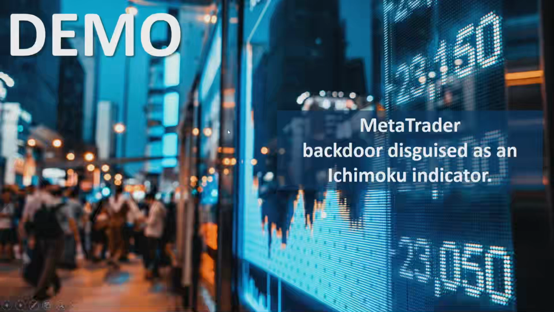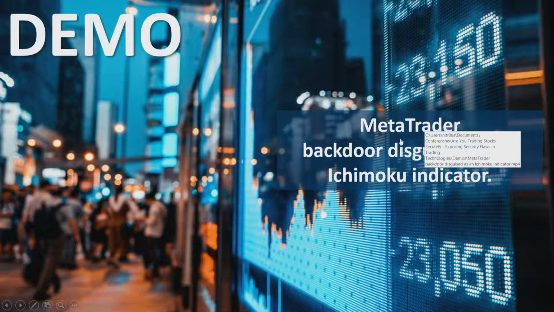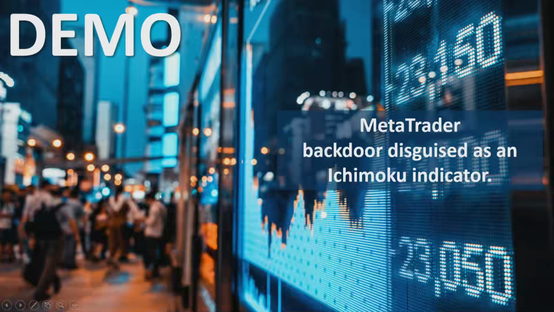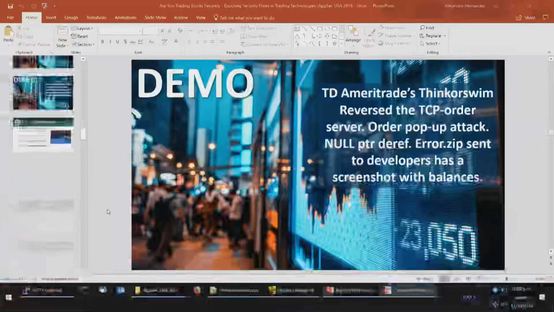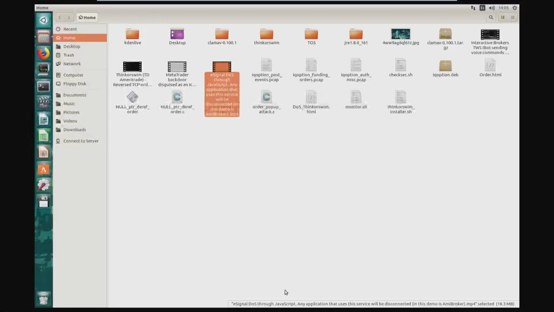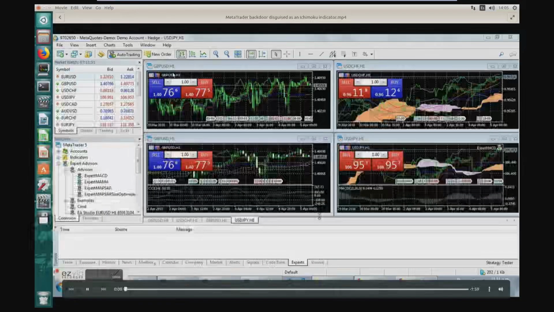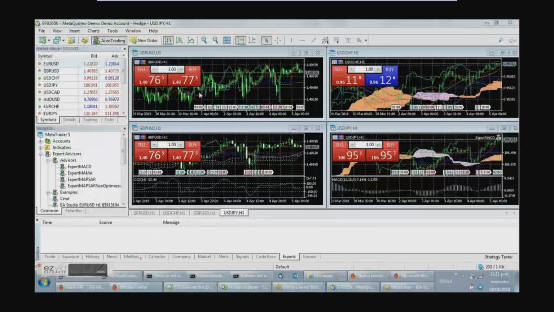Now let's see a realistic backdoor for MetaTrader, which is used by millions of people out there. This backdoor is disguised as an Ichimoku indicator, which is a Japanese indicator for technical analysis. So this is MetaTrader.